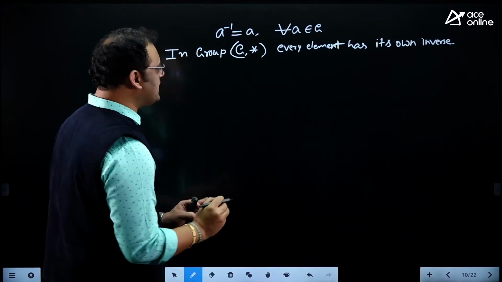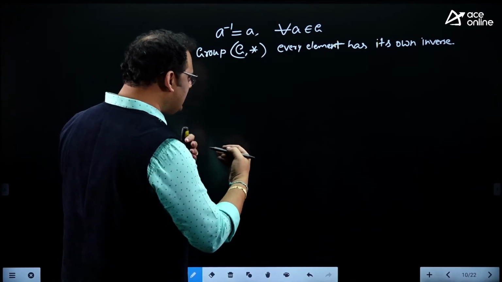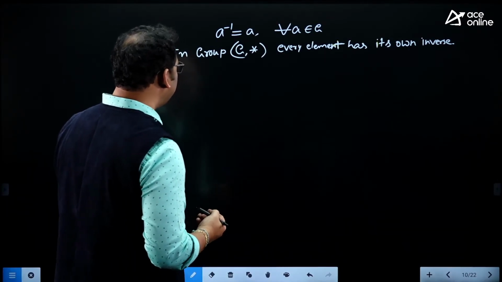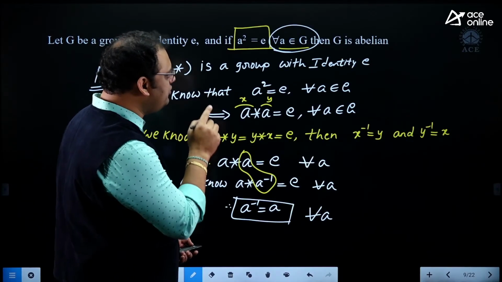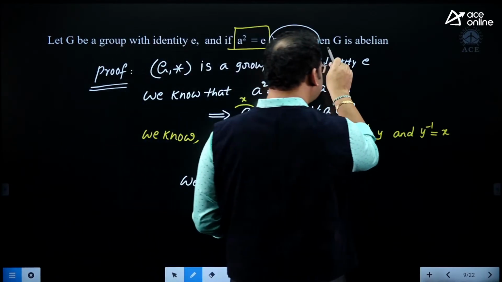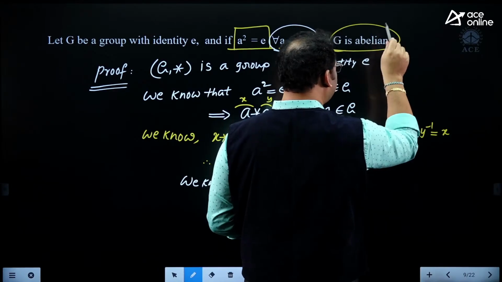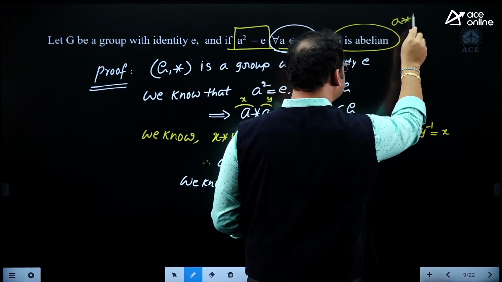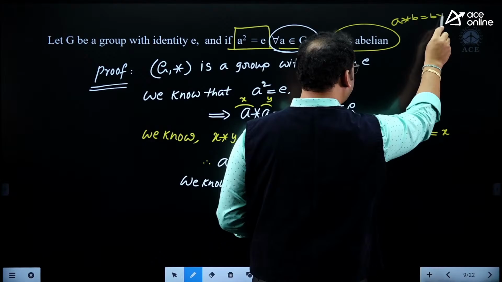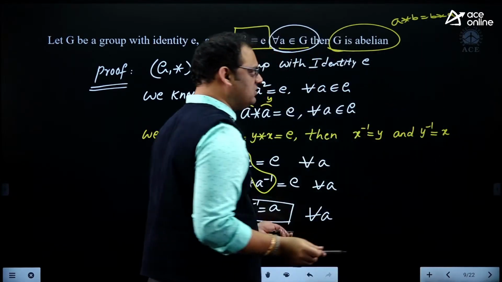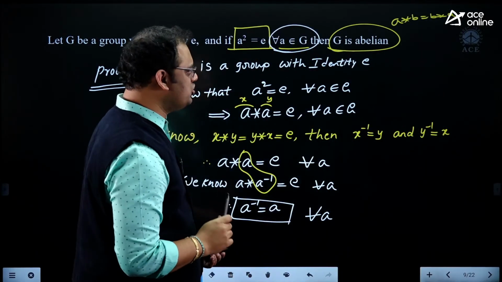If every element is having its own inverse, then I want to proceed to the question. My target is something like I want to prove abelian. When I see this word abelian, something is there in my mind. Yeah, target is A star B is equal to B star A, or X star Y is equal to Y star X. I need to show that one.